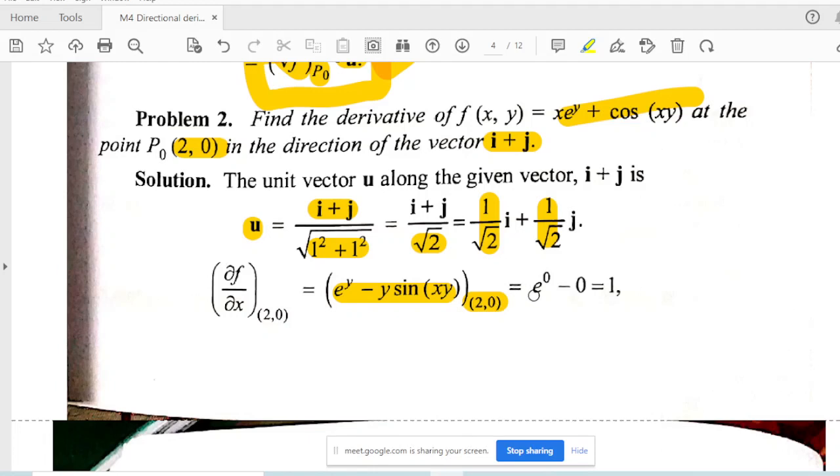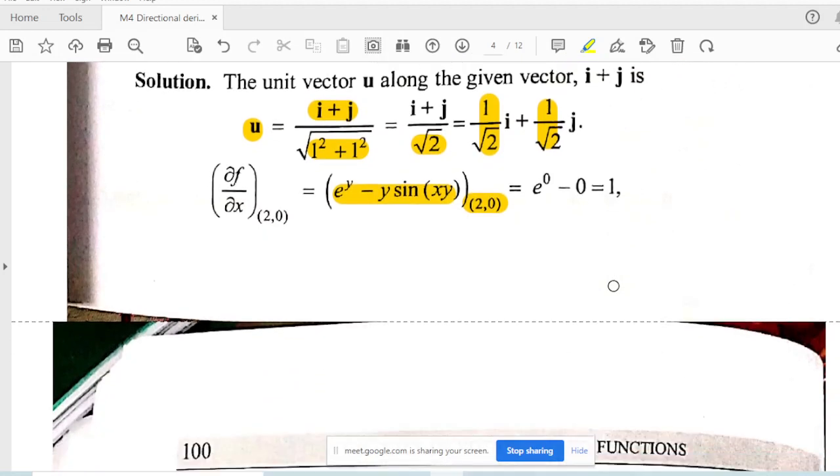So this is equal to e raised to 0. At the point 2 comma 0, x equals 2 and y equals 0. Putting y equal to 0, we get e raised to 0 minus 0. This is equal to 1.